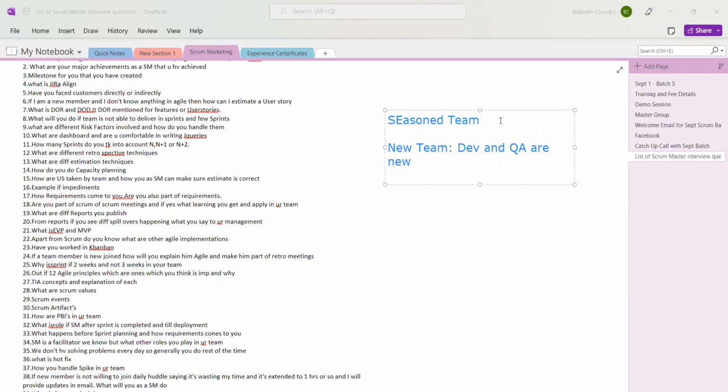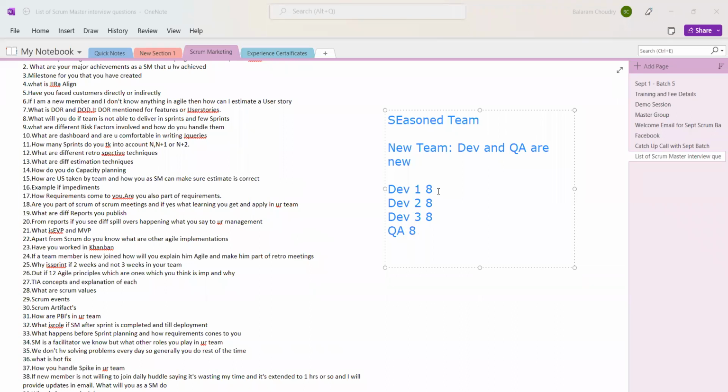So you don't know their past performance, right? Therefore, the team's velocity is not available. What will you do? For dev 1, you will give a certain number of story points. Dev 2, you will give a certain number of story points. Then for the entire team, let's say, for example, if you give 8, 8 here, and QA also you're giving 8.